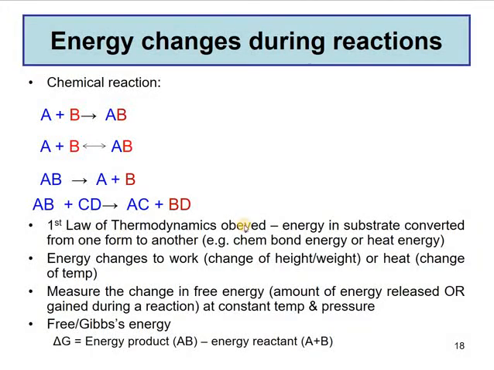Okay, so when we talk about energy changes during a reaction, in each and every reaction there is some form of energy involved. There are different types of reaction. We already mentioned anabolism and catabolism.